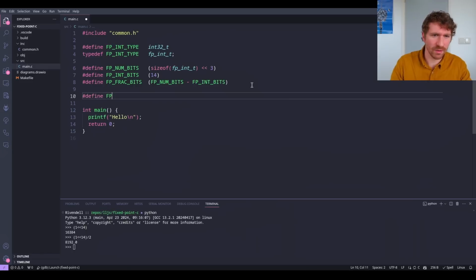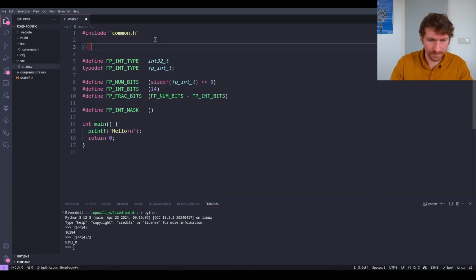So let's define ourselves a fixed point int mask. What that's going to be is I just want to have the 14 bits on the top of the number, right? And if we think about how this will look: 2, 4, 6, 8, 10, 12, 14. So we've got 14 bits there, 16, 18, 20, 22, 24, 26, 28, 30, 32.